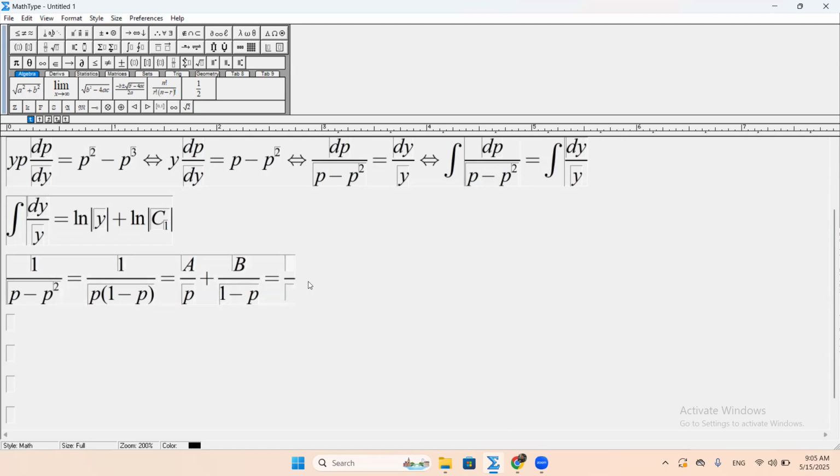So here I have a multiplied by 1 minus p and plus bp divided by this expression. So let us regroup coefficients. So minus a plus b by p and plus a.